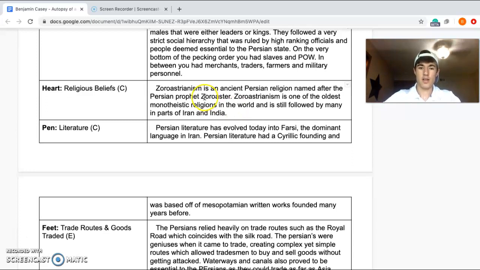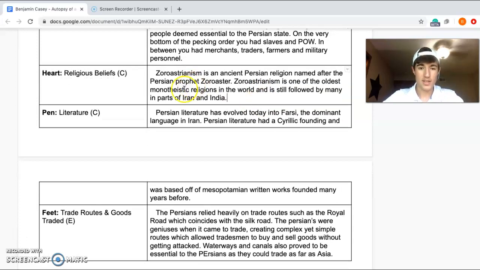And so after Zoroaster's passing, Zoroastrianism came along, and it is still one of the oldest monotheistic religions in the world, and is still followed today by many people in parts of Iran, India, and even some parts of Afghanistan. So, I did not know that, did not know it was still followed. Monotheistic, very old.